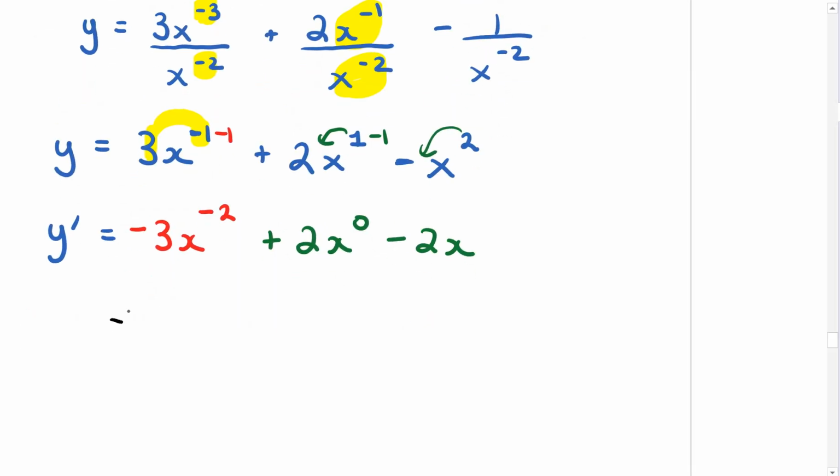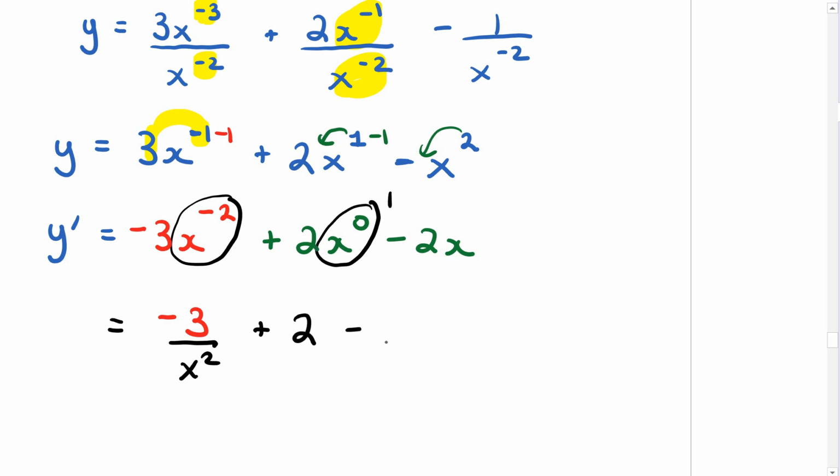And let's go ahead and rewrite this using nice numbers here. So that here can go in the bottom as x squared. Now this right here is just 1, right? Anything to the power of 0 is 1, so 2 times 1 is 2, and then minus 2x. Okay, so there you go for that particular question.